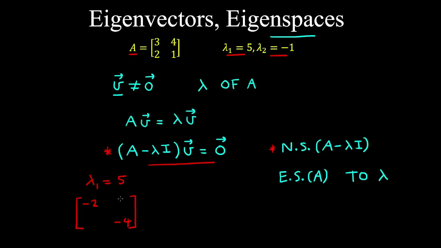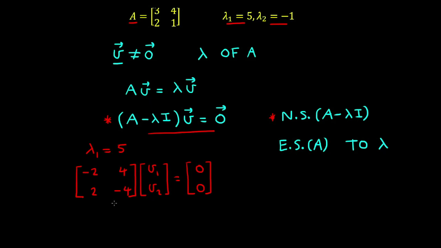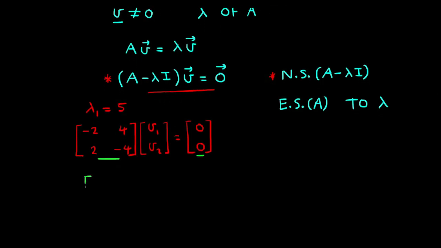And the off-diagonal entries remain the same. So let's multiply by the vector with components v1, v2, which is equal to the 0 vector. So if you augmented this matrix with the 0 vector and then solve this linear system, so let's do that. We have minus 2, 4, 2 and minus 4 augmented with 0, 0.